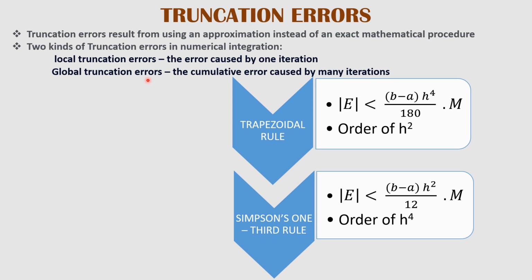So in the trapezoidal rule, modulus E less than or equal to (b minus a) h power 4 divided by 180 into m.